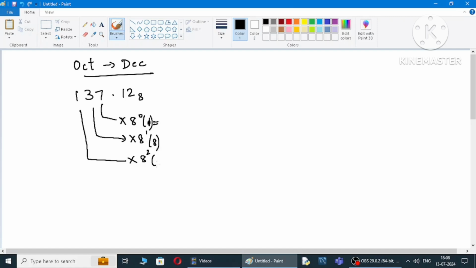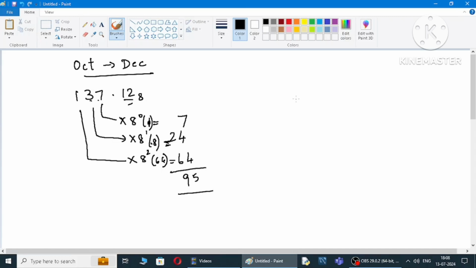This is 8, this is 64. So 1 into 7 is 7, 8 into 3 is 24, and 64 into 1 is 64. Add all this: 95. So the whole number part is 95.